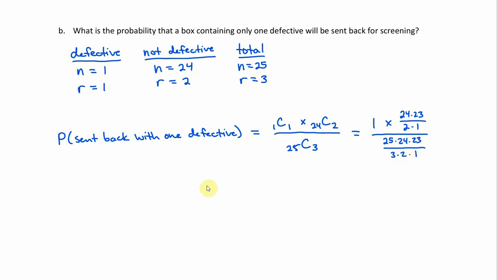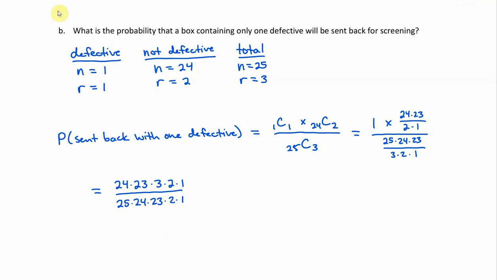All right. And then if I just write this out as multiplication by a reciprocal, we'd have 24, 23, and then 3 times 2 times 1 in the numerator. And then in the denominator, we're going to have 25, 24, 23, and then the 2 times 1 that would be in the denominator on the top in the last expression.